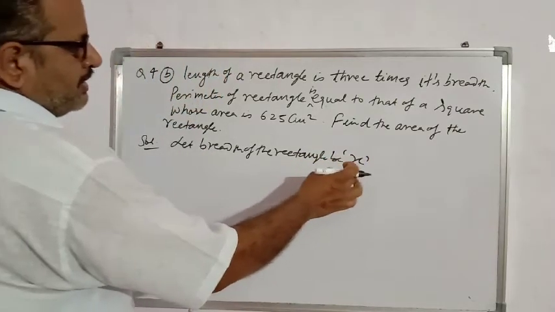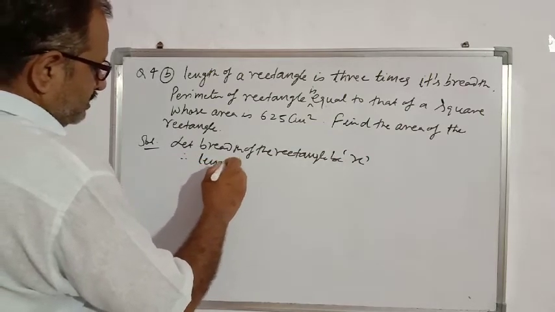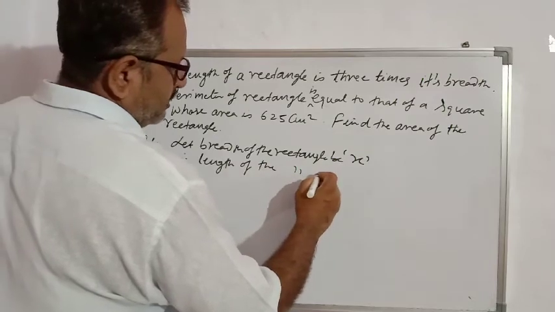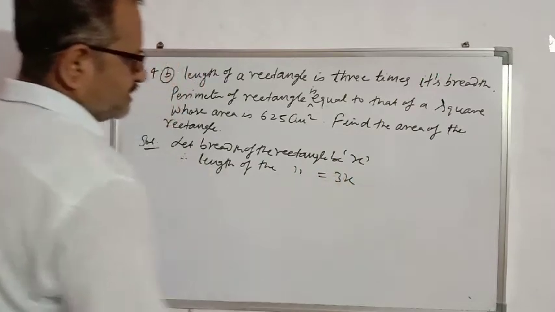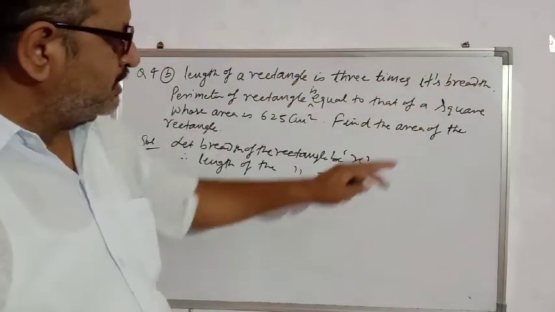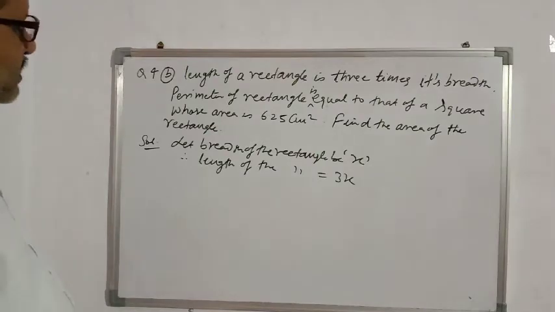Therefore, length of the rectangle will be 3x. So it's given here that length of rectangle is 3 times its breadth. If breadth is x, length will be 3x.